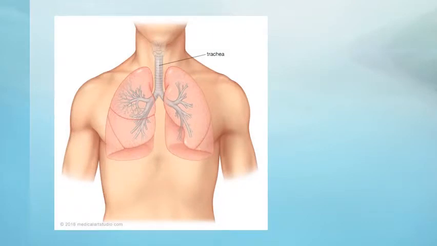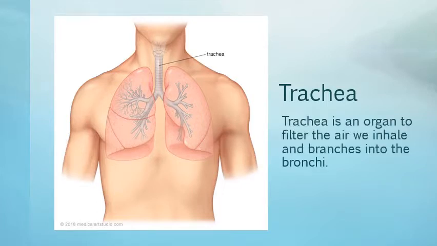And then the next organ is a long pipe called trachea. Trachea is a kind of pipe that extends downward for about 12 centimeters. And its function is to filter the air we inhale and transit it into the bronchi.